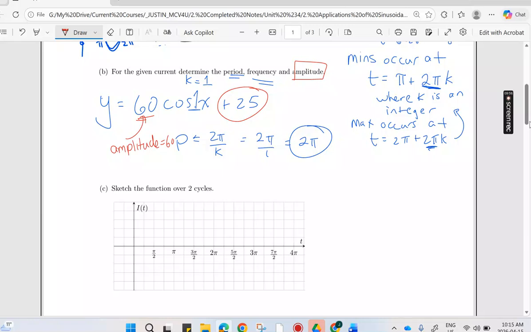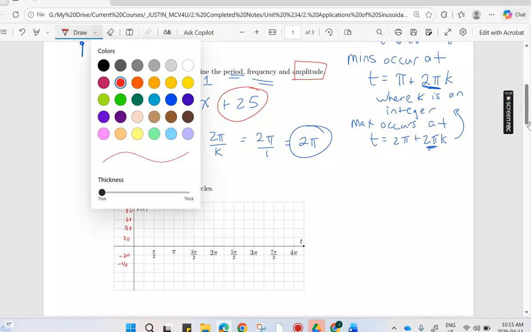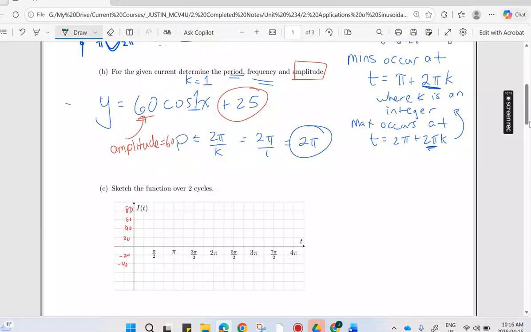You know what, I'm going to go by 20s instead. So 20, 40, 60, 80, negative 20, negative 40. Now I know that this is my middle line, 25, which would be about right there, just slightly above the 20.